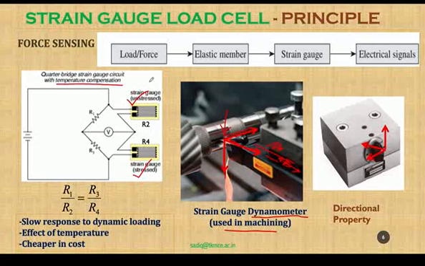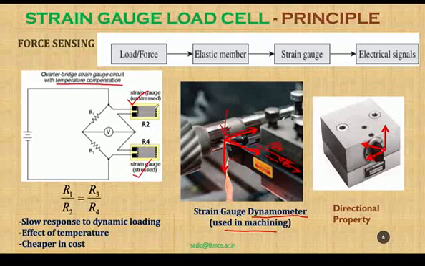How it is used: this particular strain gauge will be used in a particular direction along which we expect a force, and on the same member another strain gauge will also be placed in the orthogonal direction. The advantage is that the strain gauge along the direction of force and the strain gauge orthogonal to that, both will be subjected to the same temperature, but the orthogonally placed strain gauge will not be influenced by the strain, but the other one will be subjected to strain.